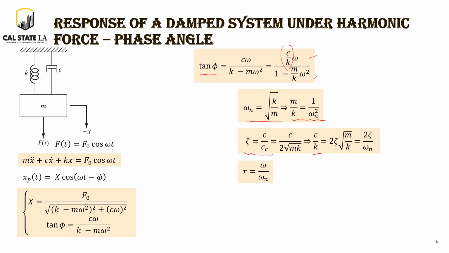The damping ratio is defined as c over the critical damping constant c sub c, and c sub c is equal to 2 times the square root of mk, which will give us c over k equal to 2 zeta times the square root of m over k, which further becomes 2 zeta divided by omega n. So we plug this value in and further replace the ratio omega over omega n by r, which gives us the conclusion: tangent phi becomes 2 zeta r over 1 minus r squared.